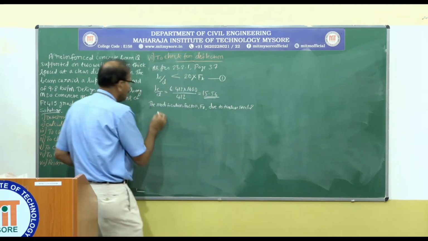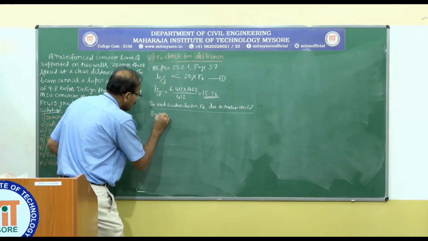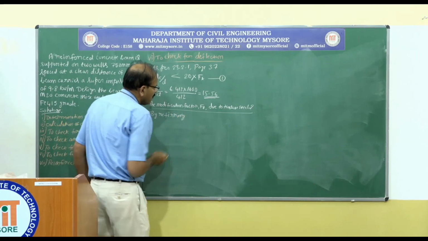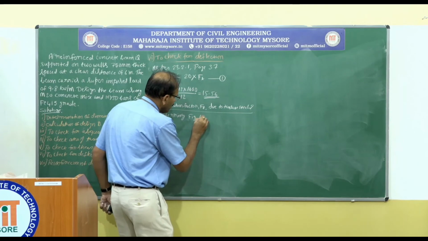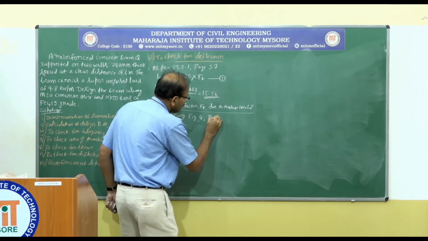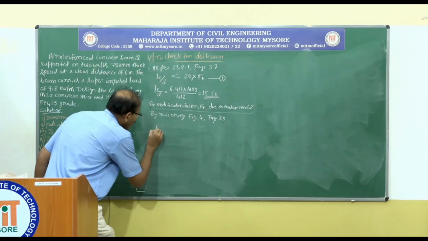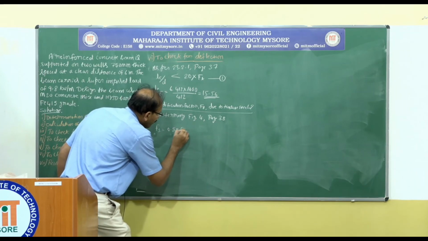What is it? So we will find out that. By referring to figure 4, page 38, Fs equal to 0.58 Fy.